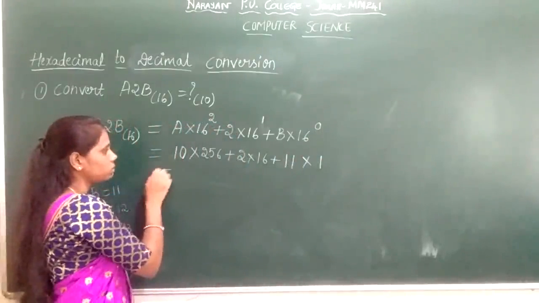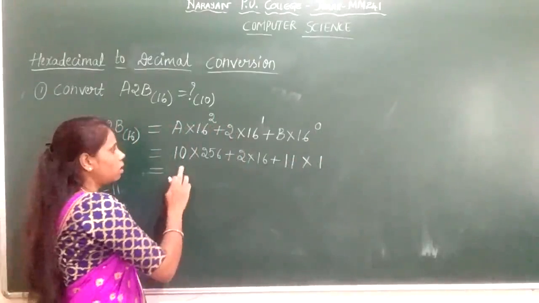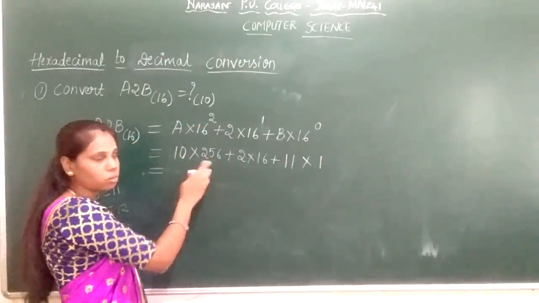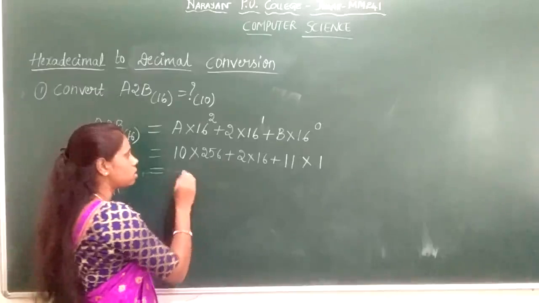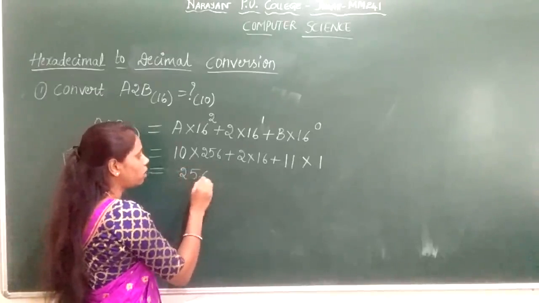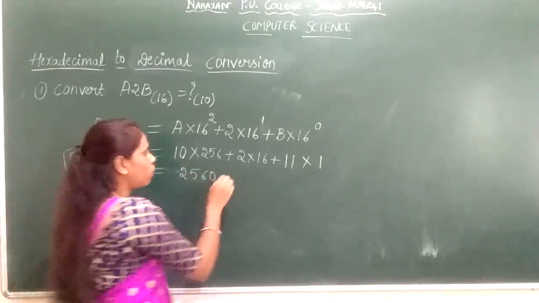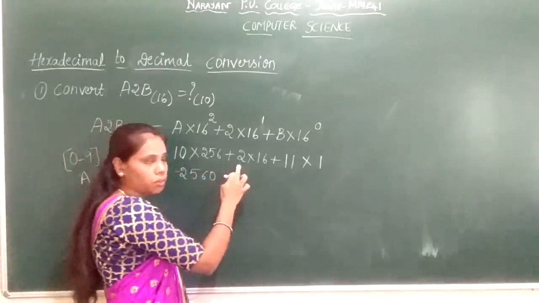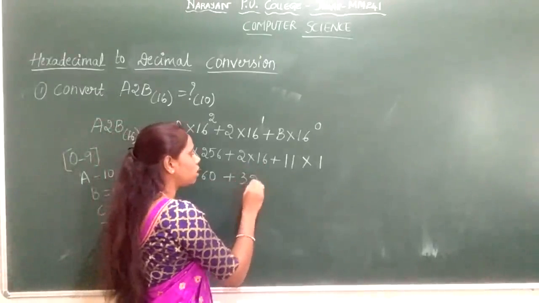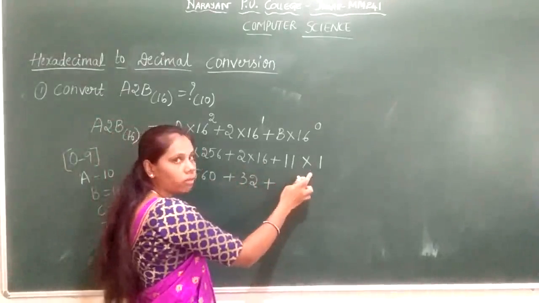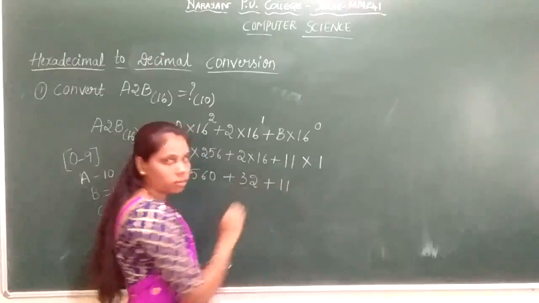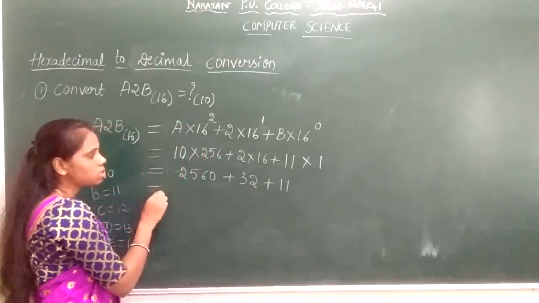Now multiply these terms. 10 into 256, that is 2560, plus 16 into 2, 16 2s are 32, plus 11 into 1 is 11. Now add all these terms.